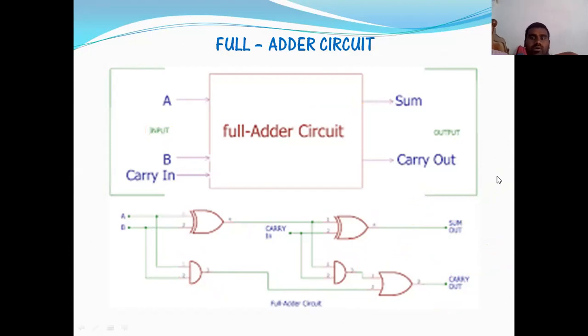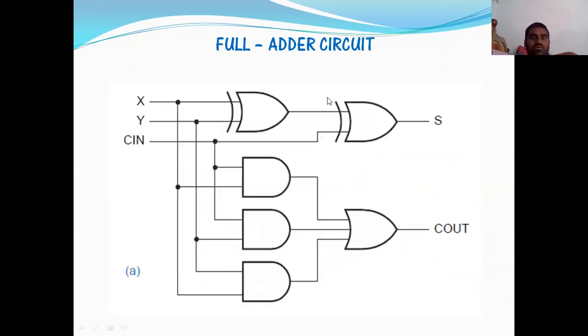Here we have the full adder circuit, and we are taking A and B as inputs, and C. So for this, A and B are connected like this.